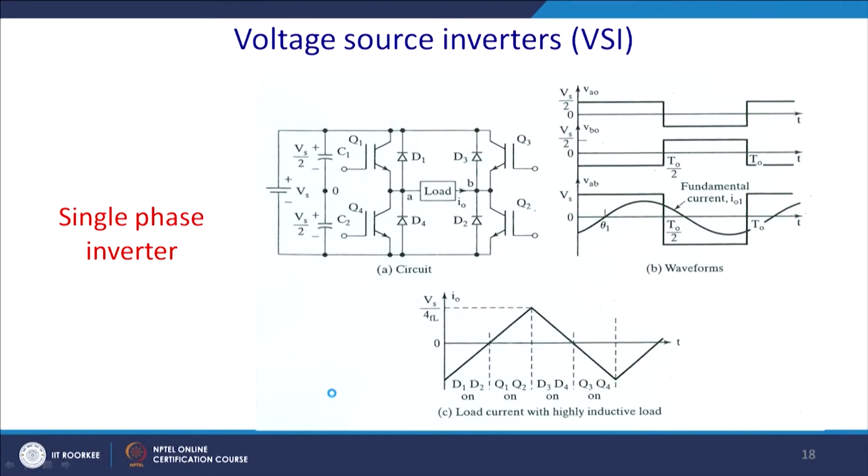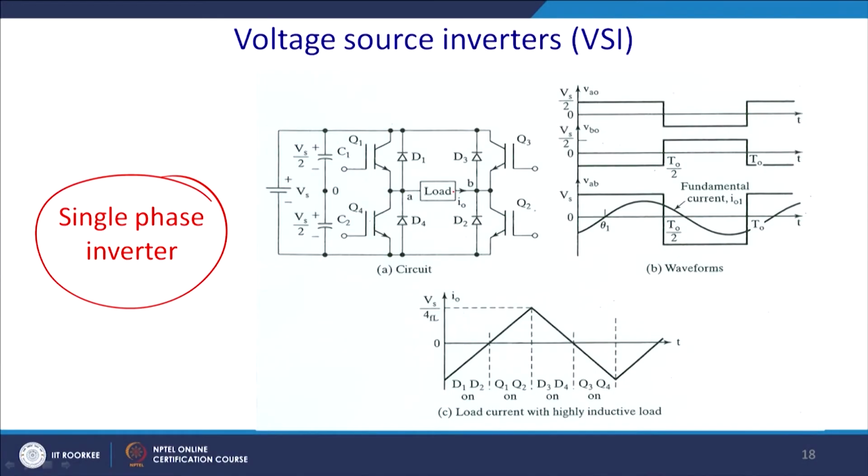So, let us see this, the simplest form of the inverter. It is in a bridge configuration, and first we assume that the load is highly inductive. There is no challenge involved if the load is resistive, since voltage and current will be in phase and you do not have much problem.